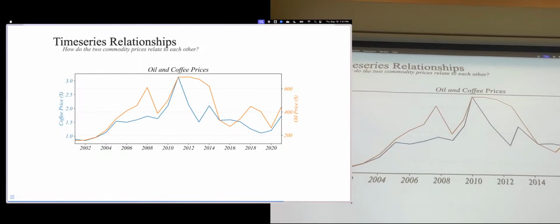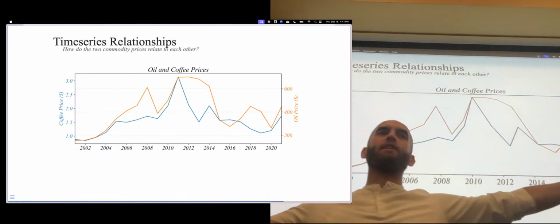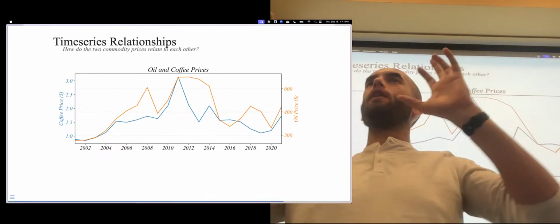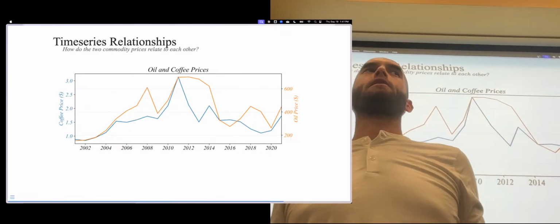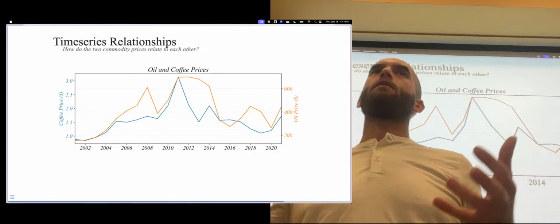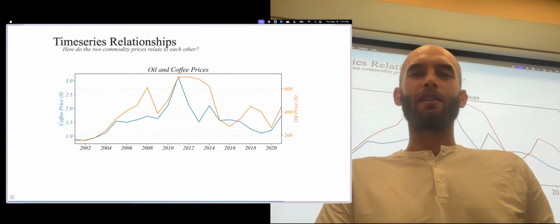So we could plot coffee price in blue with one scale, and then oil price in orange in a different scale. Because we're using two different scales, we can essentially zoom in on the time series of coffee to get the variation in the two values. Okay, this is what we call a twin plot.